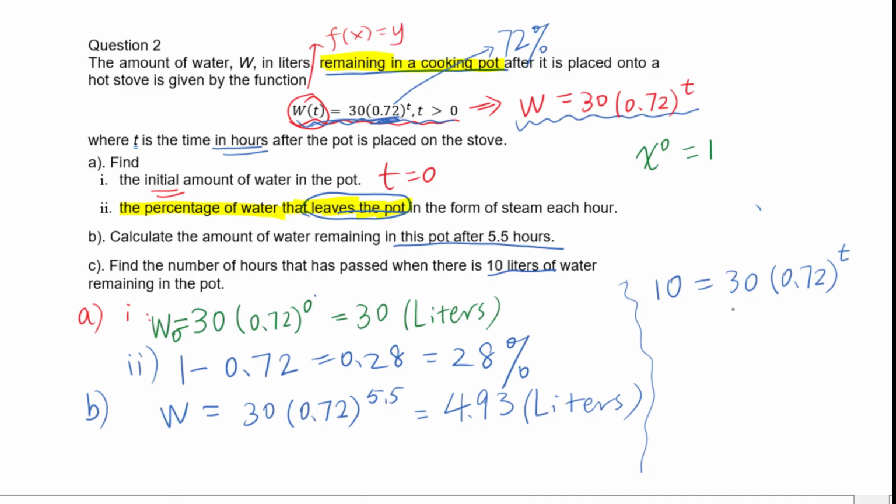We want to use the equation solver to solve this equation. So move this to the left side. 10 minus 30 times 0.72 to the T-th power equals 0 by solver.